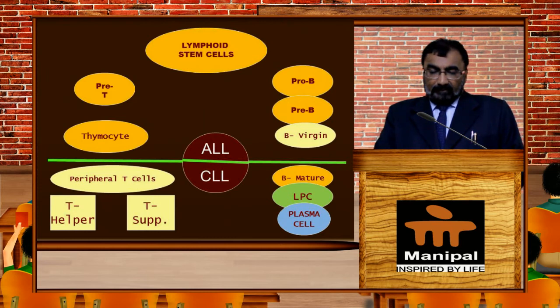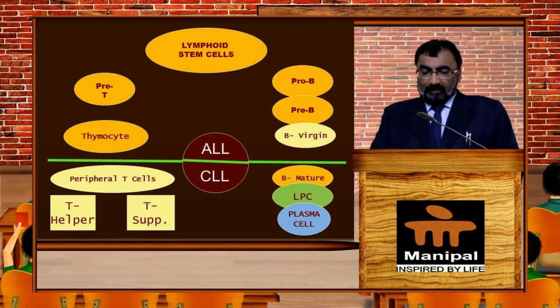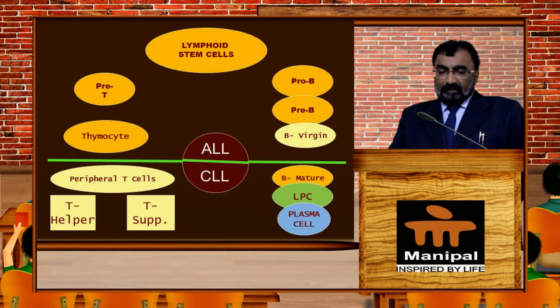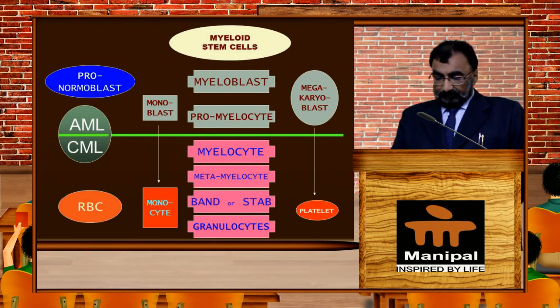The same thing we are seeing now: there are pre-T lymphocytes, then precursor cells, which again lead to the acute lymphoid series and chronic lymphoid series. Then there are pronormoblasts, which lead to the acute myeloid series and chronic myeloid series.